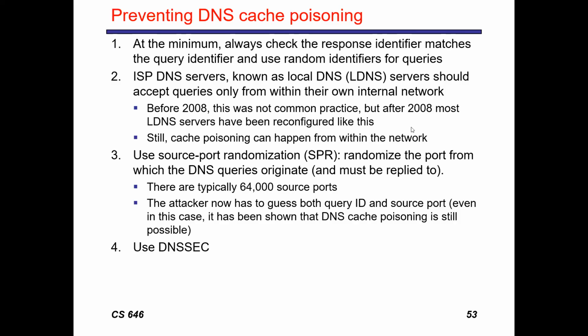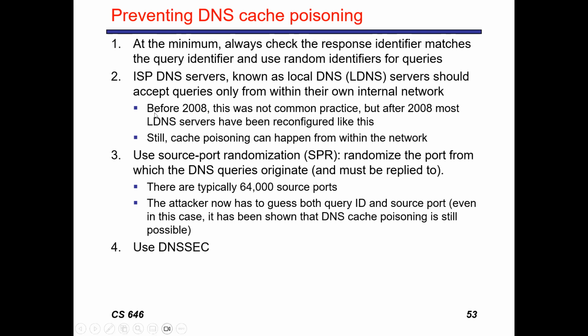So the question now is, how do we prevent DNS cache poisoning? Well, at the minimum, always check whether the response identifier matches the query identifier or not. And secondly, use randomized identifiers for queries, which is usually the implementation.